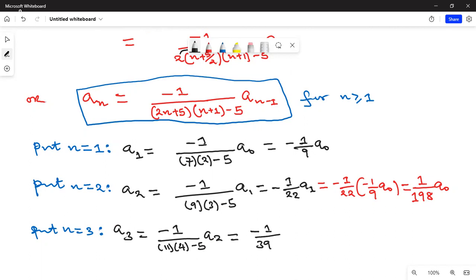-1 over 39 a2. But we know the value of a2, so we can replace that by what we got. So this is the same as -1 over 39. Our a2 was 1 over 198 a naught. When you multiply 39 times 198, you get 7722.